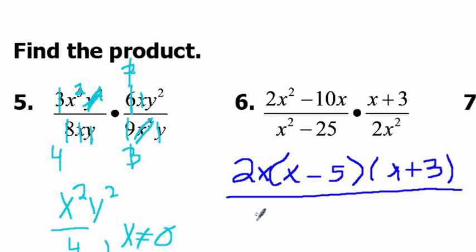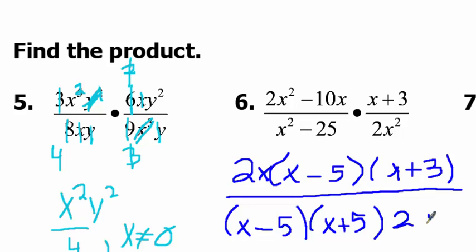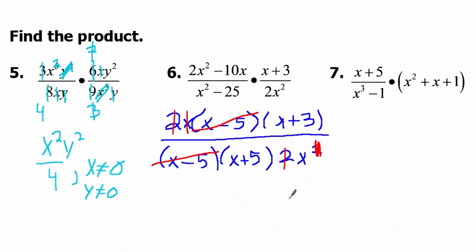In the denominator, I recognize this as the difference of perfect squares, one being a minus and one being a plus, and 2x squared. So what kinds of things factor out? X minus 5. Now, 2 factors out. X factors out, making this a 1. Doesn't get rid of the x, it gets rid of the power.